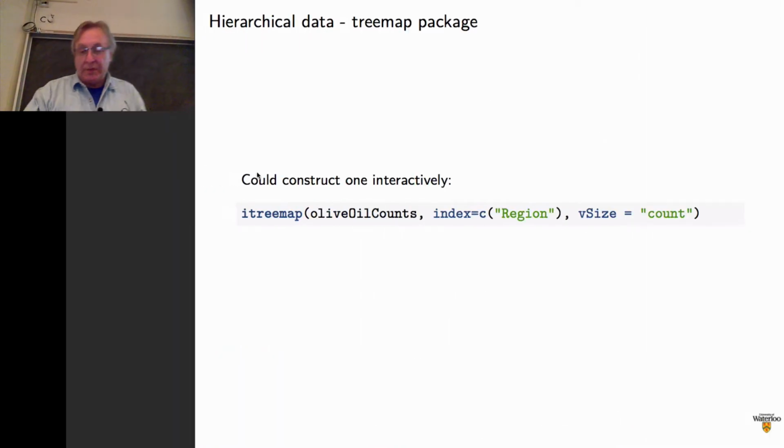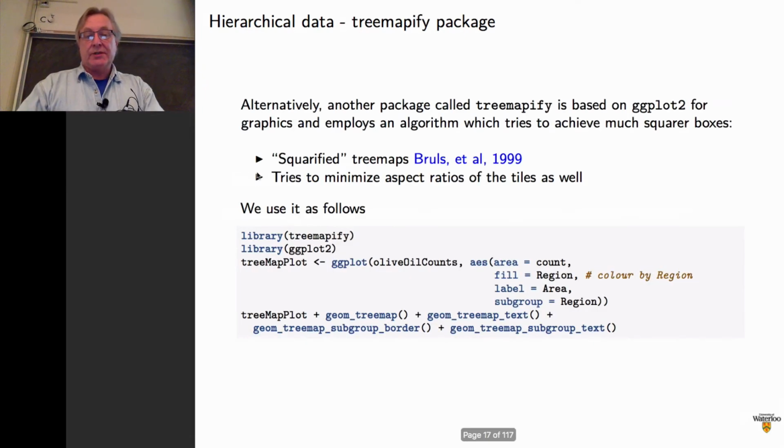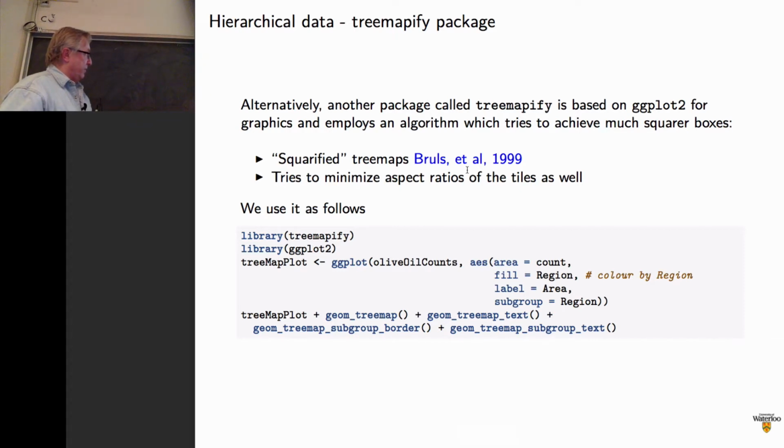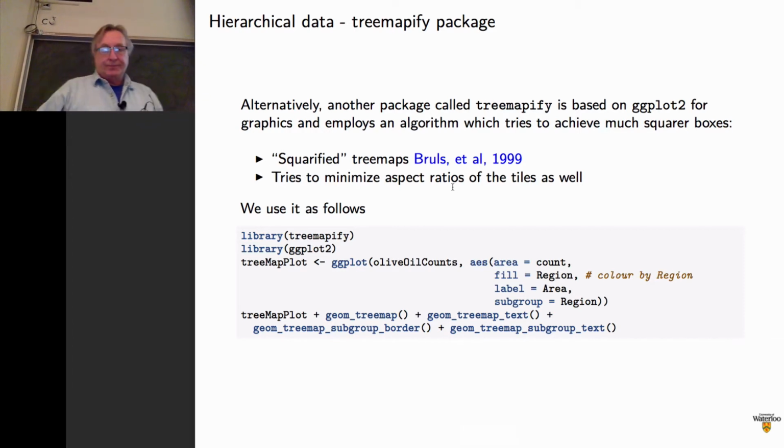So Treemap. But back to the point I was just making, that aesthetically you might like to have those be squares so that they're a little more comparable. Comparing areas of things that are roughly the same aspect ratio is better than comparing areas that are different aspect ratios. So there's another approach which you can look at in this paper from 99.